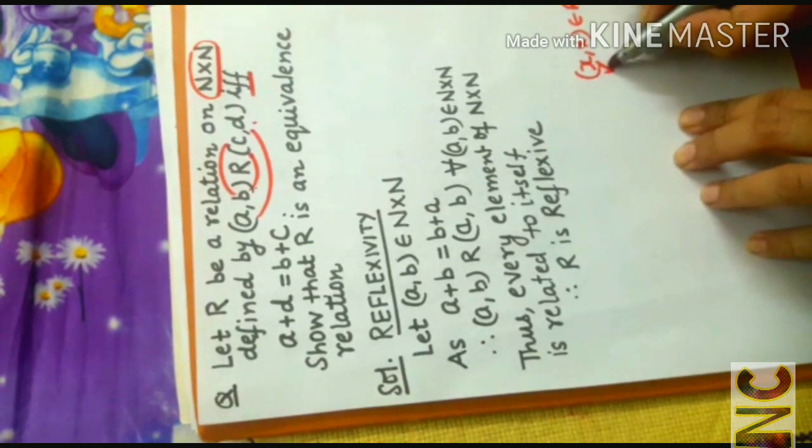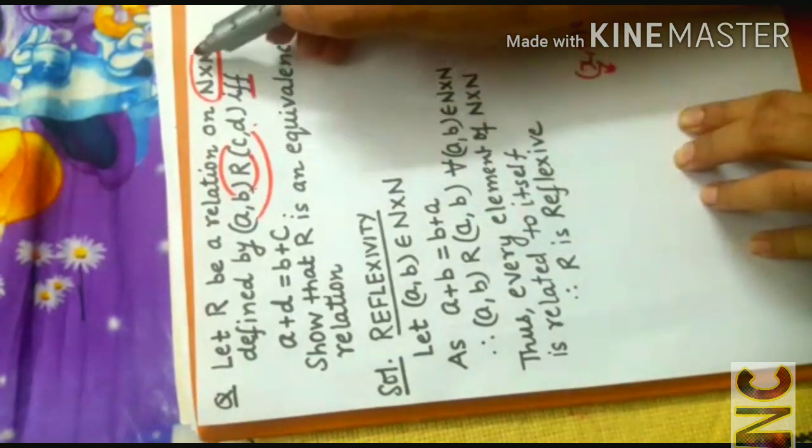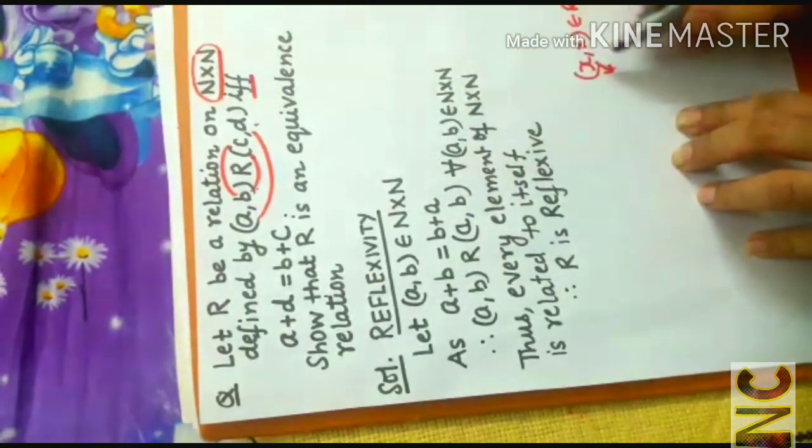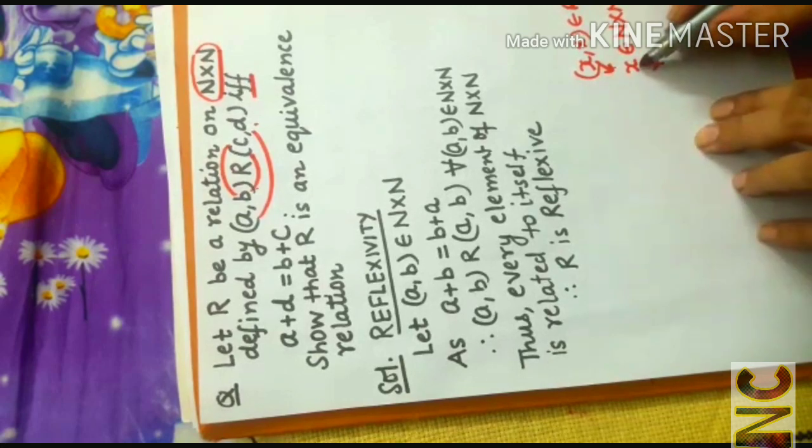Now x should come from the set on which this relation is defined. Here the relation is defined on N cross N, so this x should belong to N cross N. Therefore the form of this element x should be (a, b).